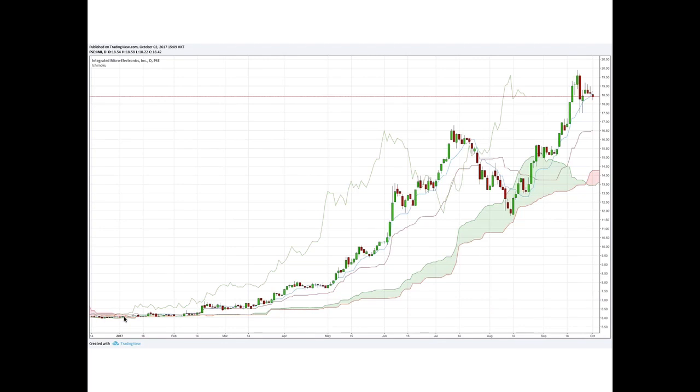And thereafter, there were other successive breakouts as well. This is the same chart for IMI. I'd like to show you the successive breakouts. So here's another breakout.